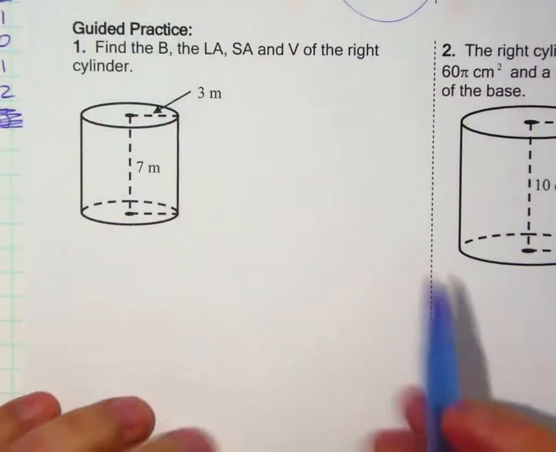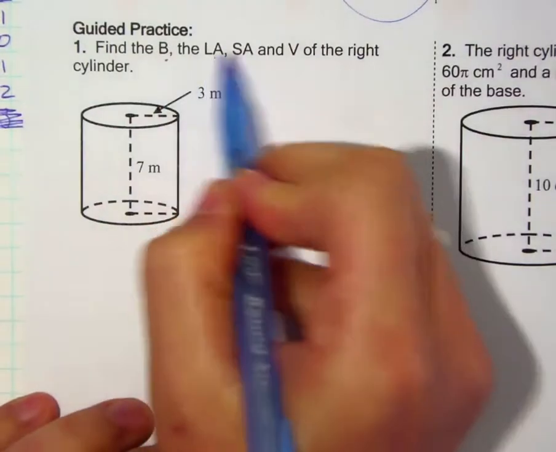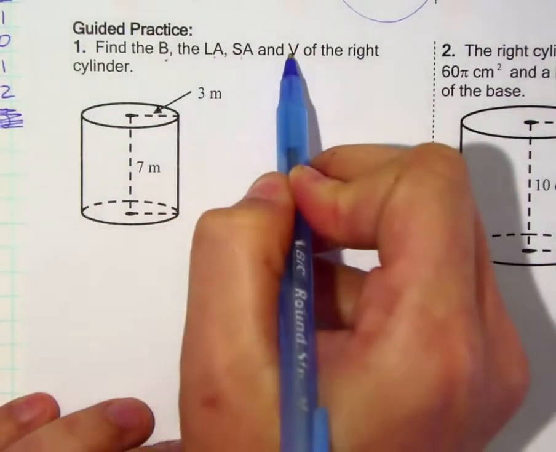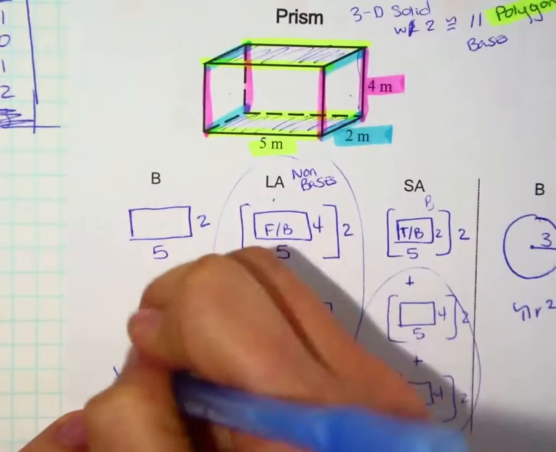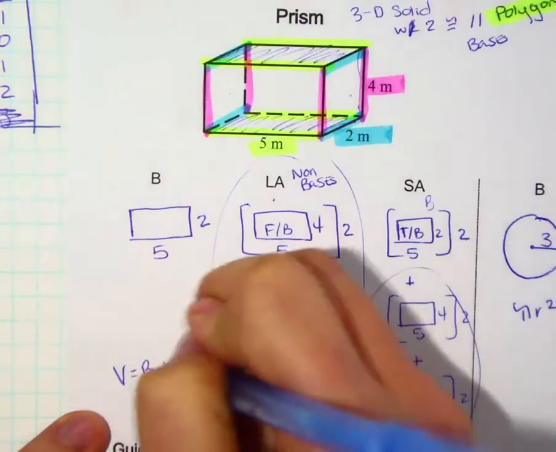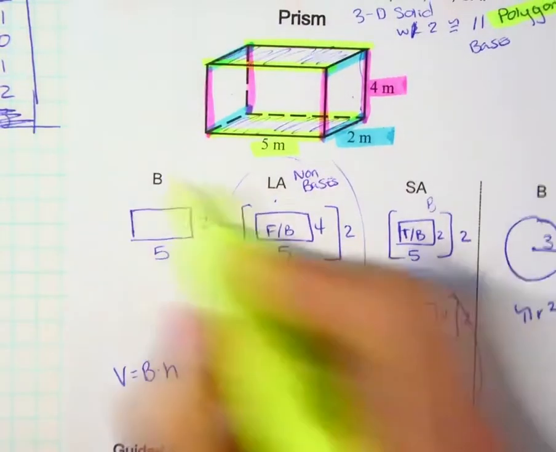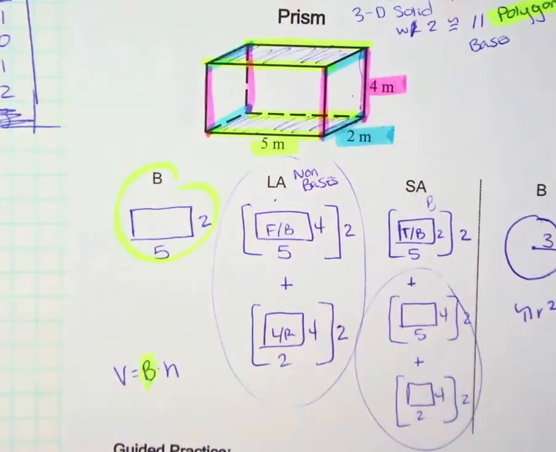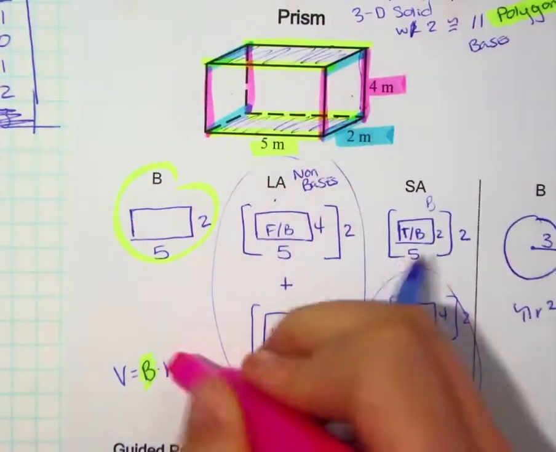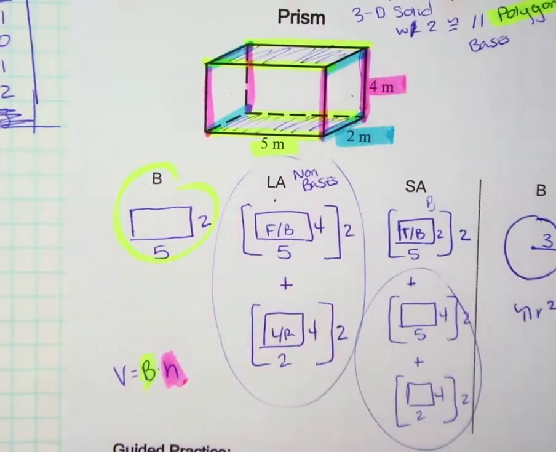Okay, we are going to find the lateral area, the surface area, and the volume of the right cylinder. Oh, sorry, let me go back. To find the volume of a prism, we would do base area times height. The base area would be the shape of the base times the height, which was 4.